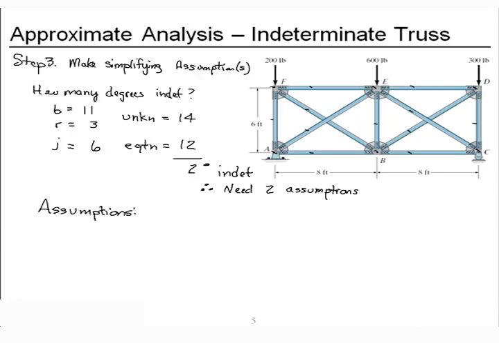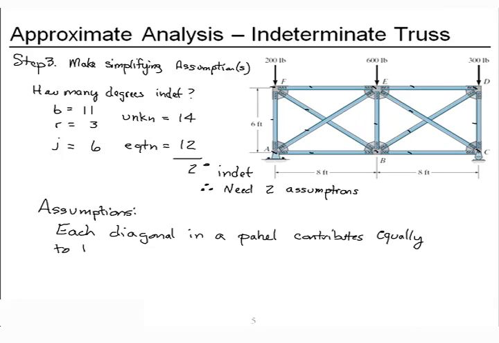Well, it turns out we're going to make the same assumption, but we're going to do it twice. Each diagonal in a panel contributes equally to the shear in the panel.